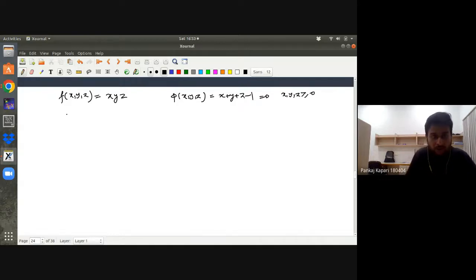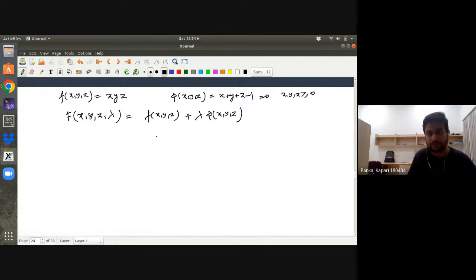Okay, so our auxiliary function is a function of four variables, x, y, z, and lambda, and this is equal to f(x,y,z) plus lambda times phi(x,y,z), which is xyz plus lambda times (x plus y plus z minus 1). Okay, let's find first partial derivatives with respect to all of these four variables.